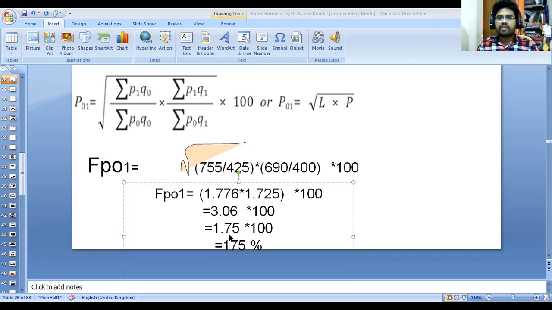Whatever value you get after cancelling the root should be multiplied with 100. So 1.75 into 100 gives how much? Sorry, 175%. 175%.